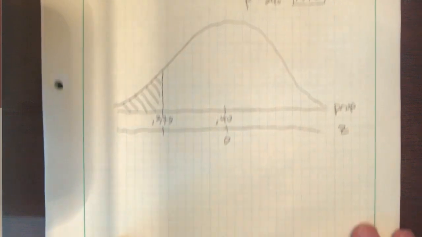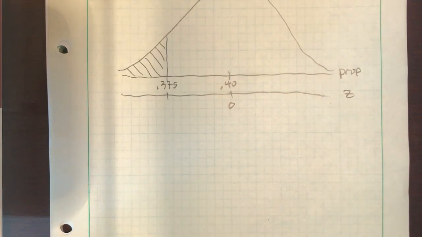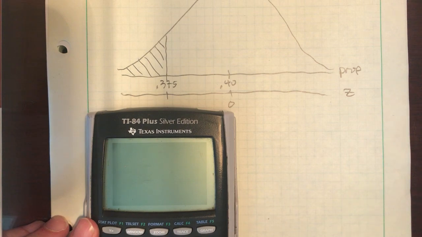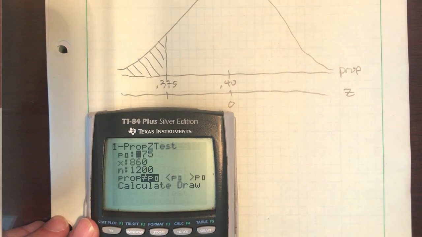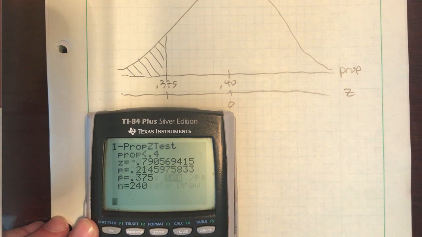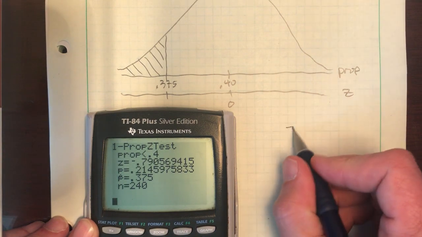So let's head to our calculator and get the final two numbers we need. STAT, TESTS, 5, my null 0.4, 90 out of 240. Again, this time my alternative is less than, so hit enter before we calculate.